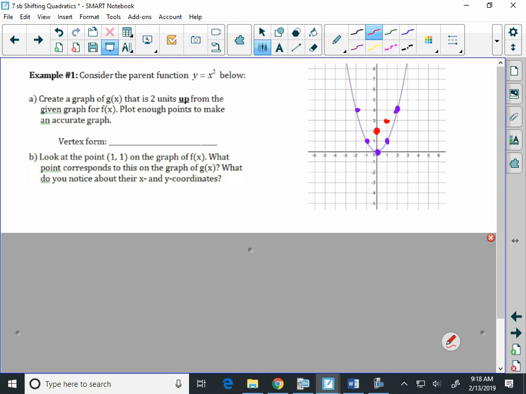And (2, 4) is going to move up 2 spaces. And (-1, 1) is going to move up 2 spaces. And (-2, 4) is going to move up 2 spaces. And there we get our new picture.